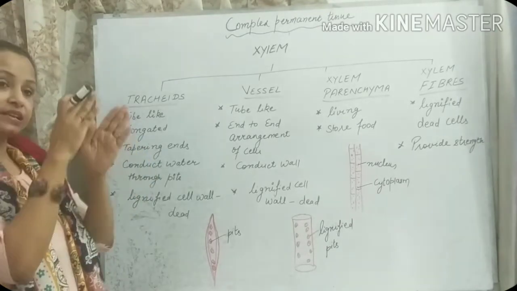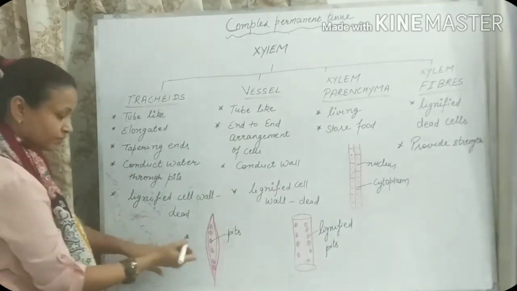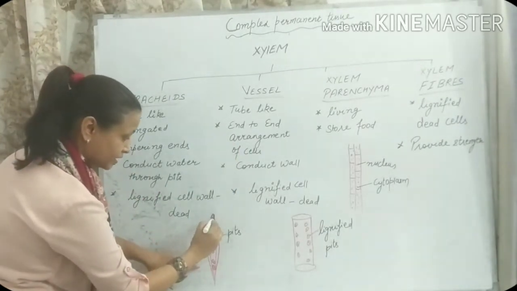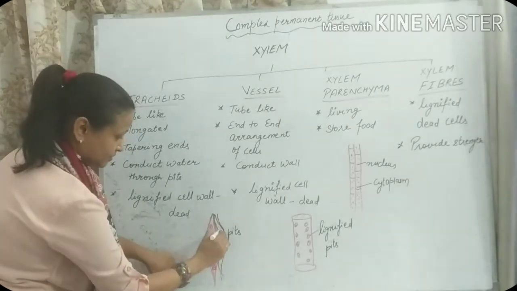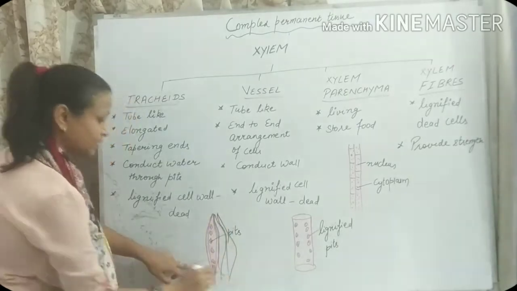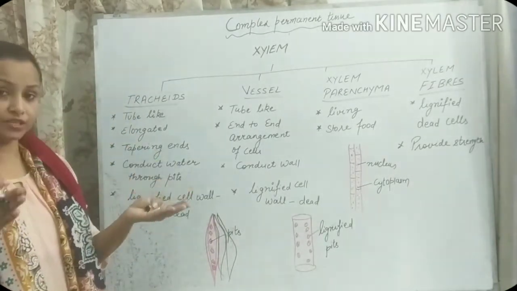So they just line up one by one next to each other. For example, if it is one tracheid, the other tracheid will be just like this, and so on. So there are so many tracheids lying just next to each other.